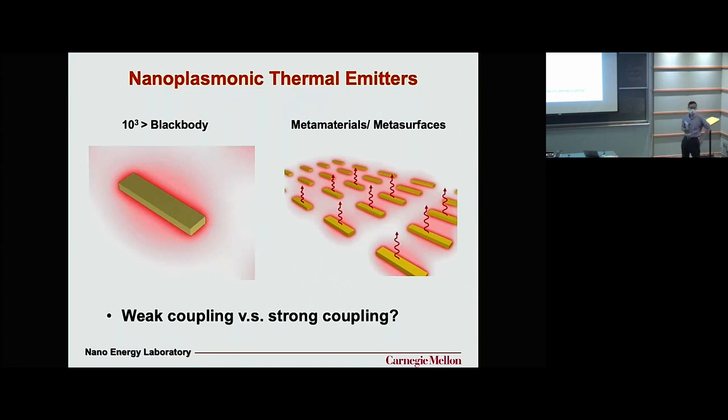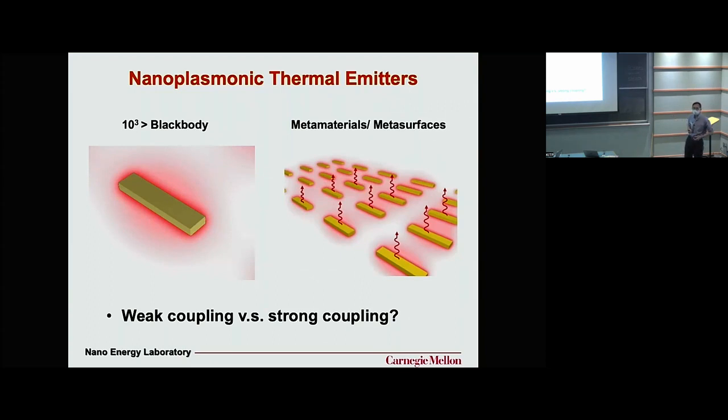But in practice, it's very difficult to use individual plasmonic structures. We always pack those nanoplasmonic resonators as an array, so we create metamaterials and metasurfaces for meaningful applications. Here we have another question: once we put them together, how will the coupling between adjacent nanoplasmonic emitters affect the overall thermal emission from this metasurface?